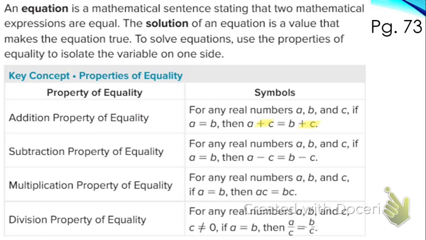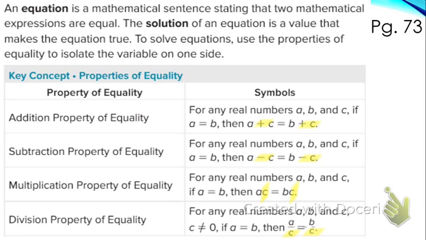Whatever you do on the left, you have to do on the right. The subtraction property of equality: if you subtract the same number, it's still equal. If you multiply each side by the same number, it's still equal. And if you divide both sides by the same number, it's still equal.